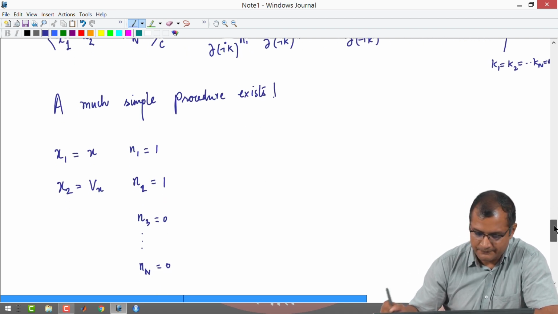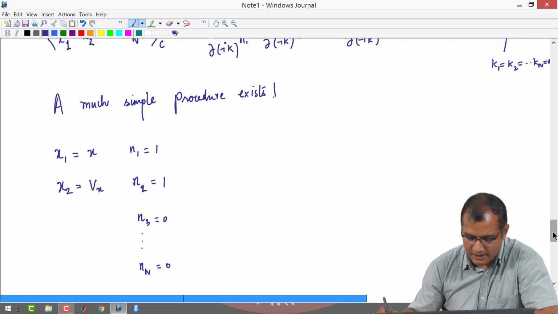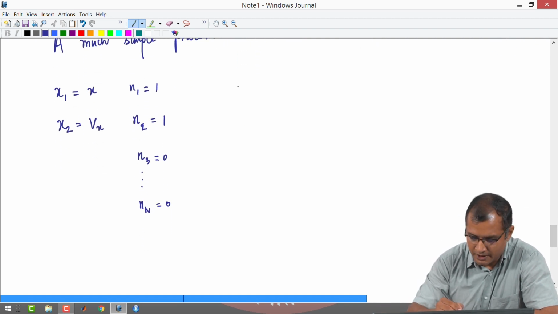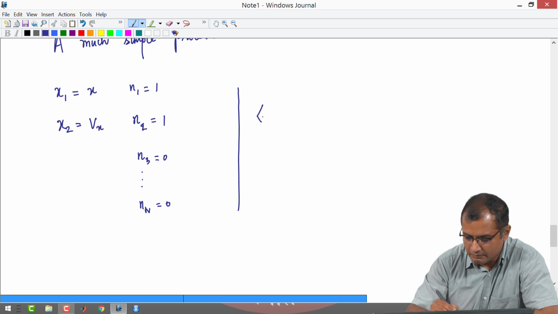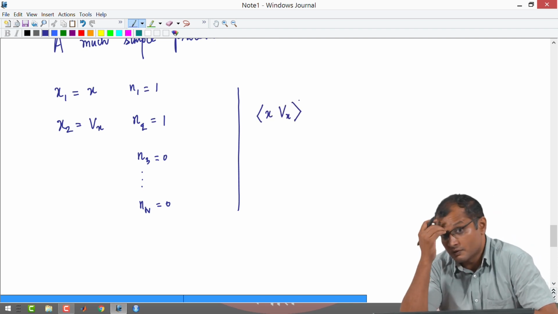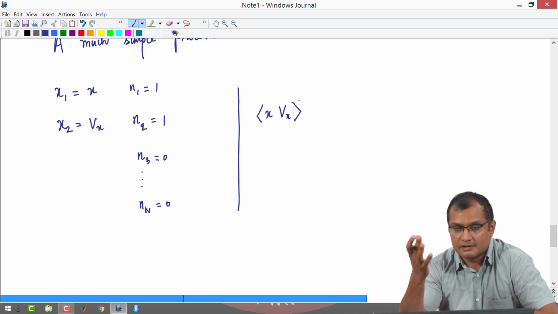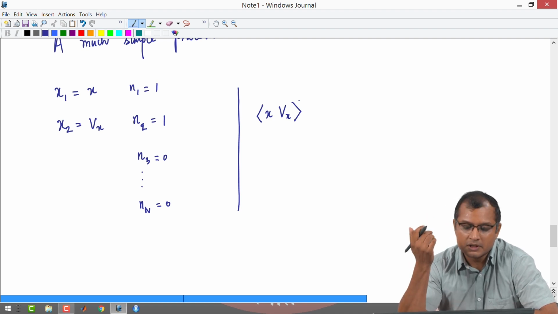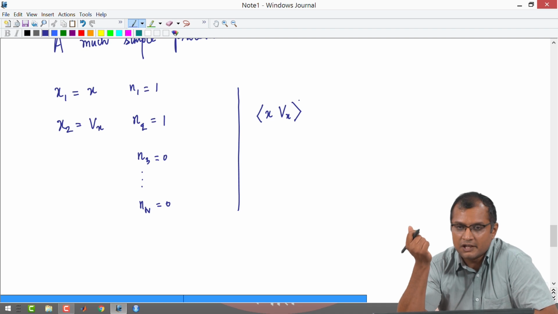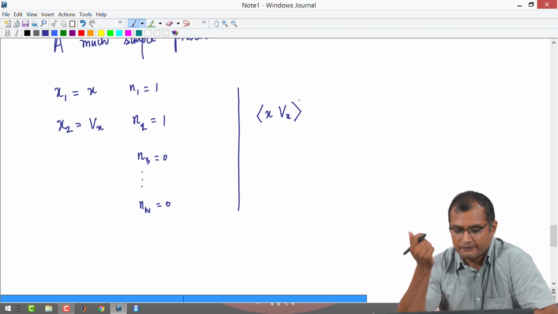So basically what I am trying to say is that I am computing the joint moment of x into vx. So there is a gas in this room which is at equilibrium, and what is the average value of the position multiplied by the x component of the velocity.